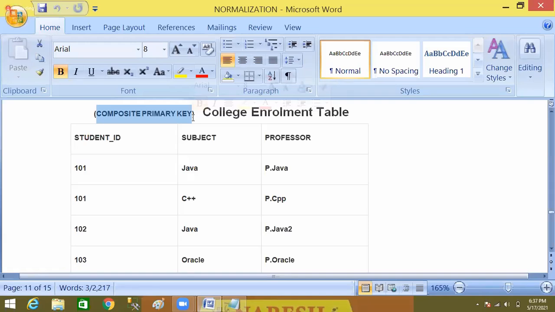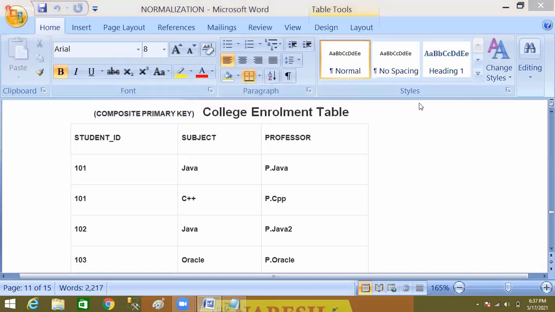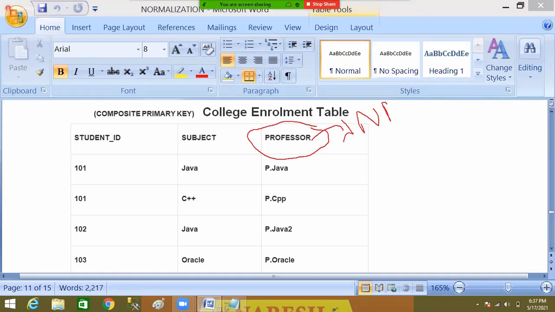We know the professor column is a non-primary key column, but professor does not depend on student.